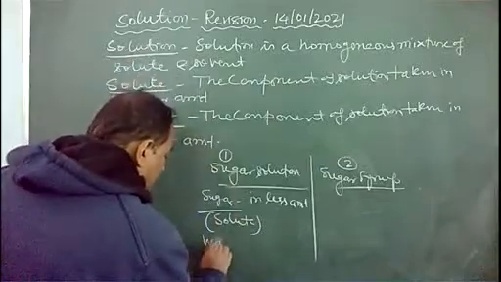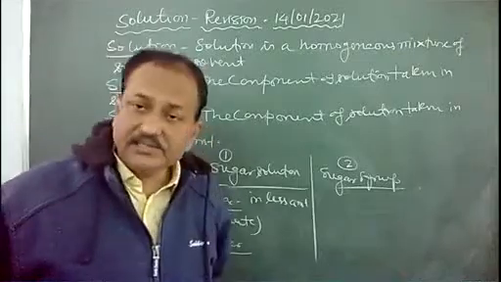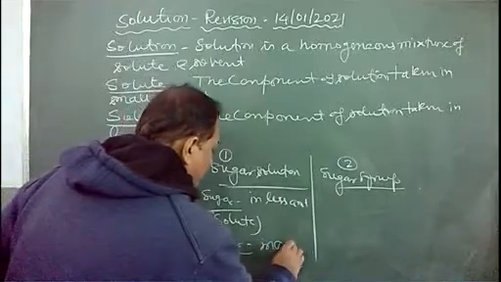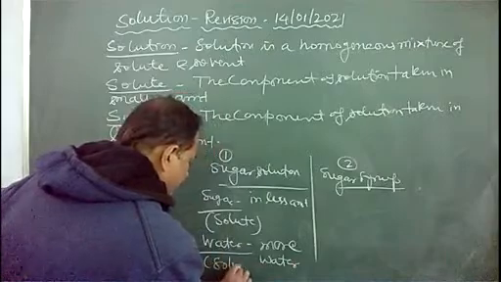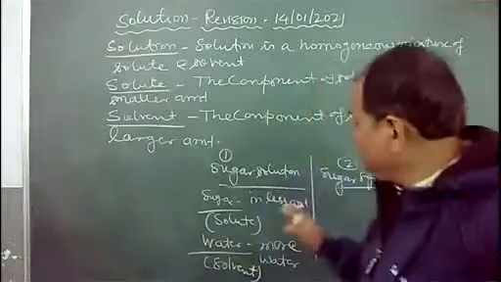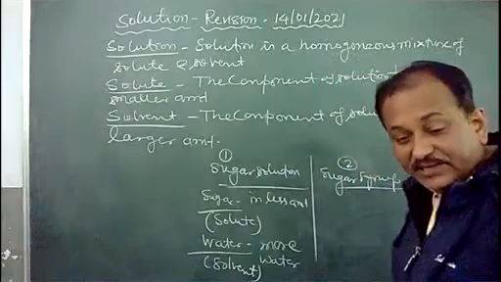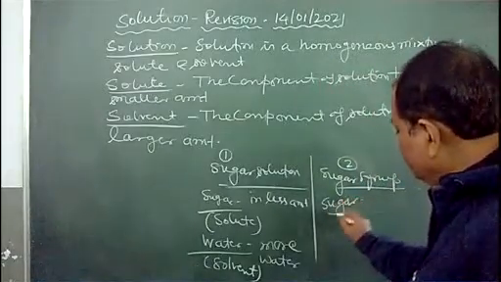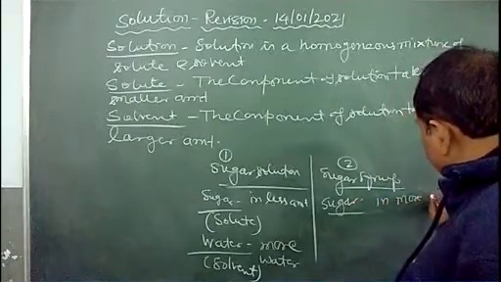Now coming to water. So in any sugar solution, like Shikanji or Sarbat, we take more water. So it is solvent. But on coming to this side, sugar syrup, which is commonly called chashni in Hindi. So here sugar, you all must know, is in more amount.